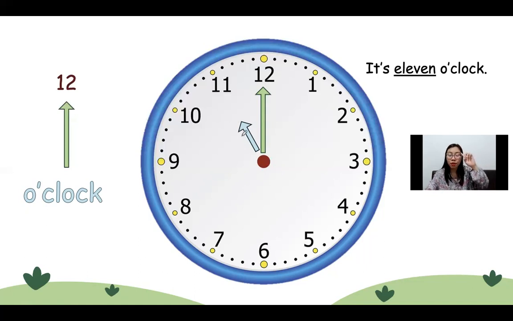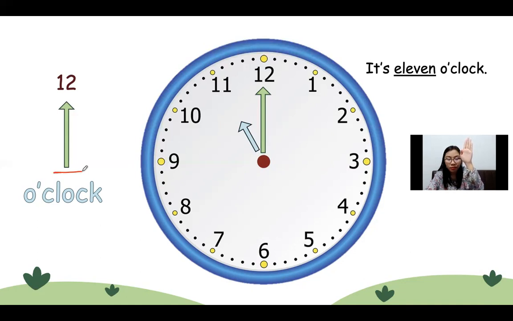So remember, you say the chumong first, right? Before the nati. Wherever the short hand points, that's what you say first. So in this case, 11 o'clock. Whenever the long hand points at 12, we say o'clock.